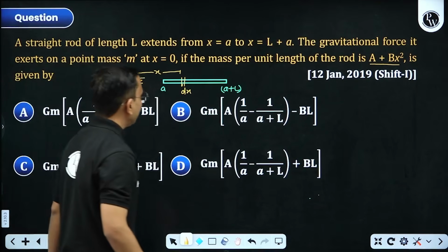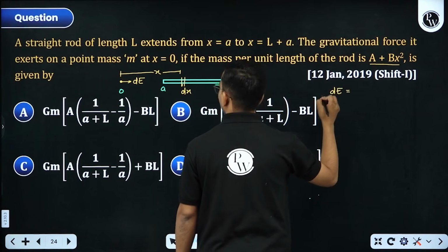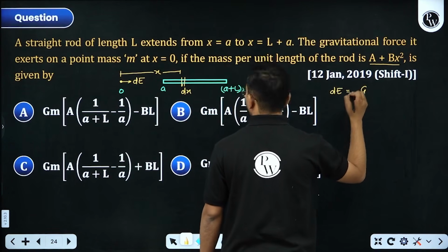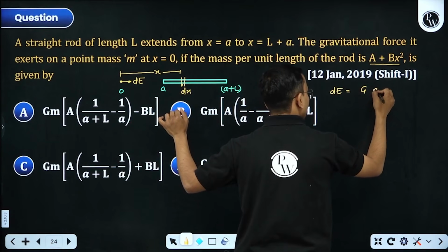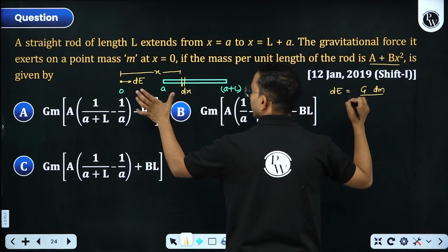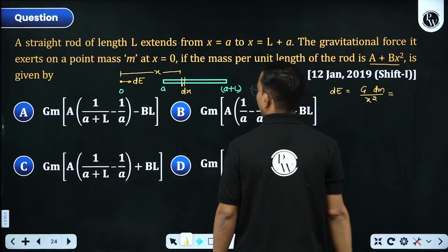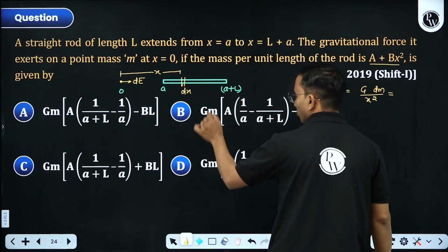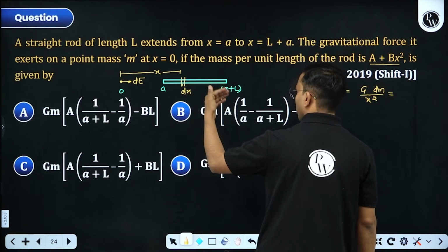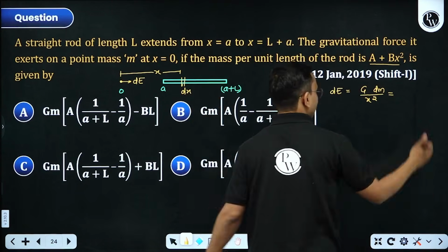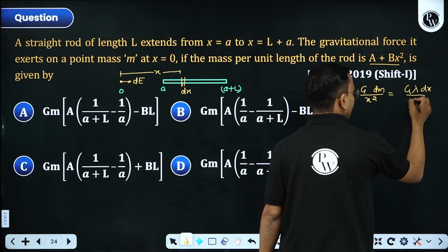So dE will be equals to G into dm divided by the distance square, x square. What is dm? dm is the mass of this small section having thickness dx. So it will be mass per unit length into the length. Length is dx. So this is G into lambda into dx divided by x square.